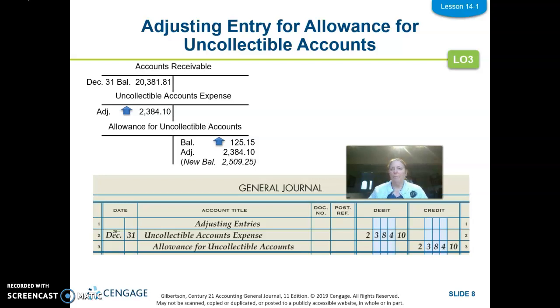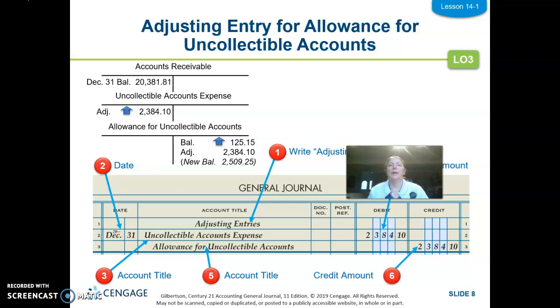So after we have made that adjustment, which is showing you there, then you ought to try to calculate the book value of accounts receivable. So the book value of accounts receivable is the $20,381.81 minus the allowance of $2,509.25, and you would get $17,872.56.